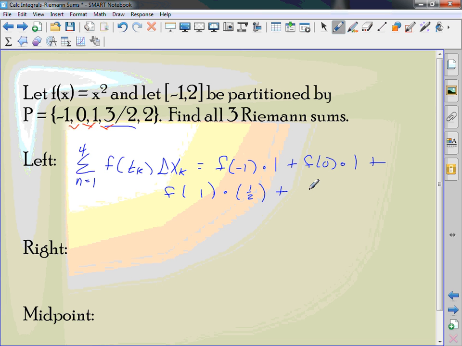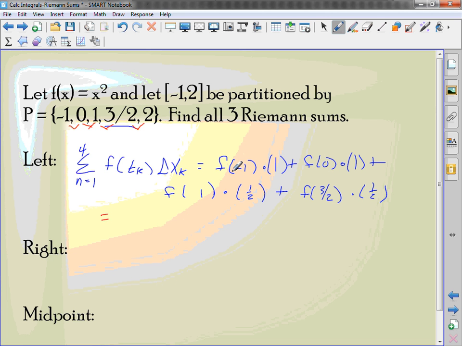Plus f of 3 halves times, what's the difference between 3 halves and 2? 0.5. Another half. Do you understand what I did? First it's going to be f of negative 1, f of 0, f of 1, f of 3 halves. The difference in x, the difference in x, the difference in x.